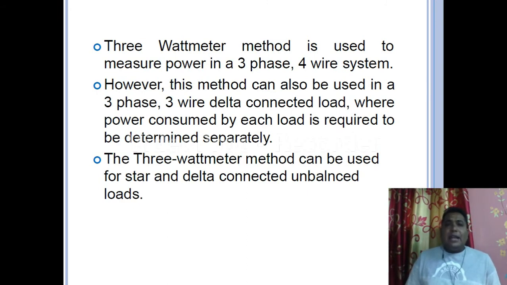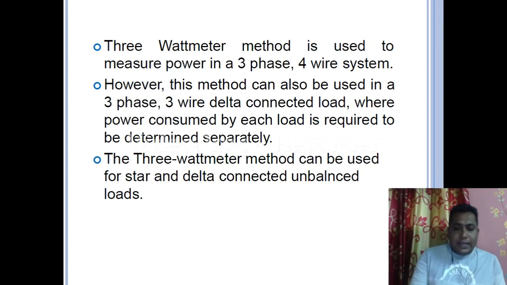That is an unbalanced system. A balanced system means each phase has the same magnitude and a 120-degree phase shift. When that doesn't happen, it is an unbalanced system, and in that case each phase consumes different power. How much power is consumed by each phase can be found out by the 3 wattmeter method.